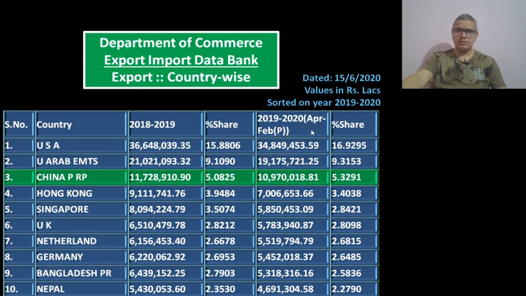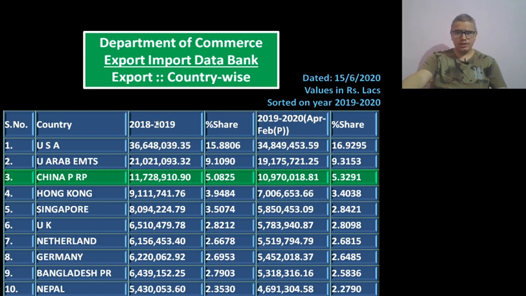It is not complete data because the figures available are from April to February only, and since we know that the financial year comprises April to March, the last month's, that is March, data is still not available. Because of the pandemic, since everything was locked down, maybe because of that we are not getting the current figure right now. So it is a probable figure here.